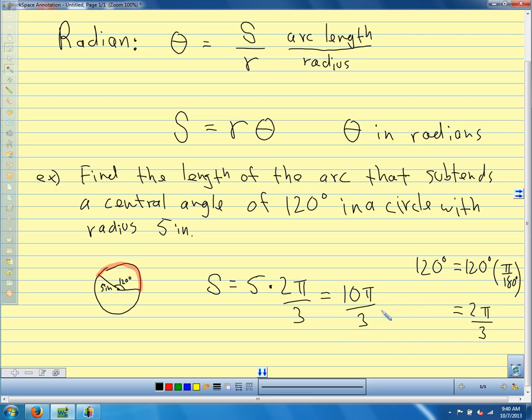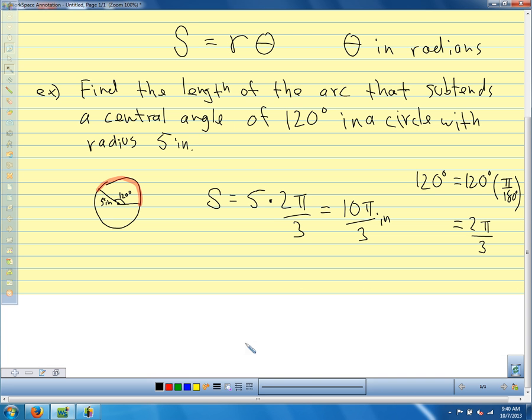Inches. So the length of this arc would be 10 pi over 3 inches. If the question asks us for an approximate answer and we could plug it into our calculator, we would get that it's approximately 10.47 inches if I multiply that out.